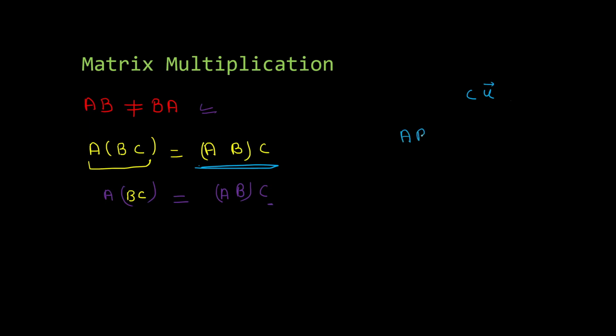And the transformation corresponding to AB, I can break into two parts: the transformation corresponding to matrix B and then the transformation corresponding to matrix A. So ultimately, on this vector U we are applying three transformations in this order: first the transformation corresponding to matrix C, then matrix B, and then matrix A, and we look at the resulting transformation, right? And if we work on the left hand side, again we are doing the three transformations in the same order. So we can prove intuitively that these two things are the same, without doing the computation.